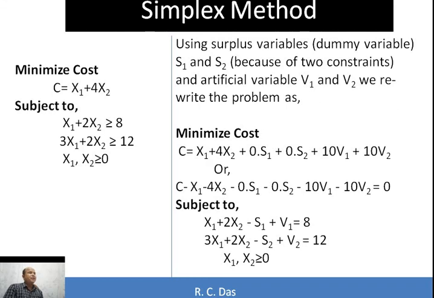Now in the objective function, we have assigned a relatively larger coefficient than the other coefficients of the objective function. Here we are using 10, that is why we added 10 v1 plus 10 v2. Why have we taken this 10? In this objective function the coefficients are single digit, so we are taking 10.